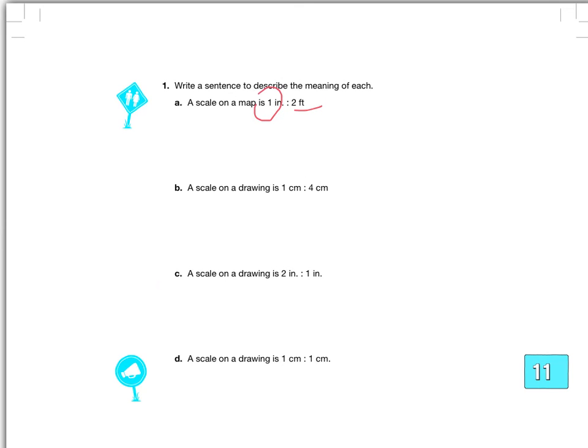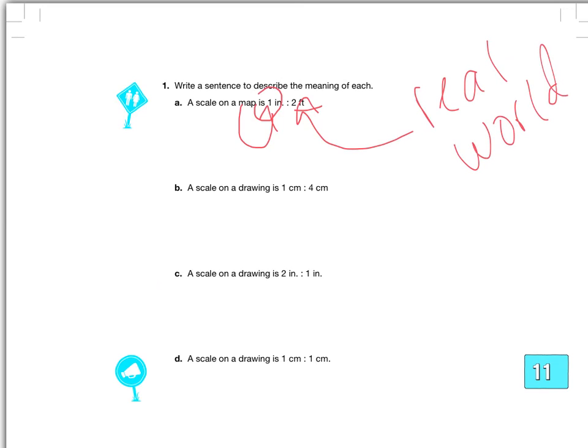That means on the map we have 1 inch, and 2 feet is in the real world. So we have 1 inch on the drawing or map, 2 feet in the real world. Pause and write that sentence. Don't forget to capitalize, don't forget to punctuate.